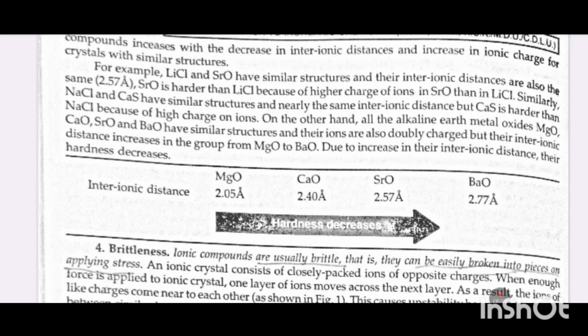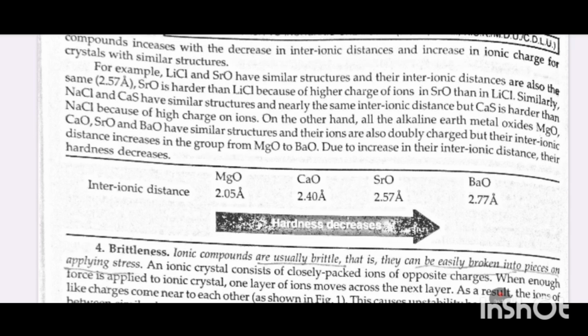Similarly, NaCl and CaS have similar structure and nearly the same interionic distances, but CaS is harder than NaCl because of high charge on ions.